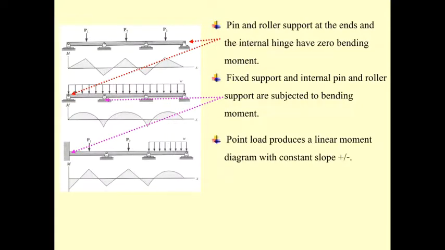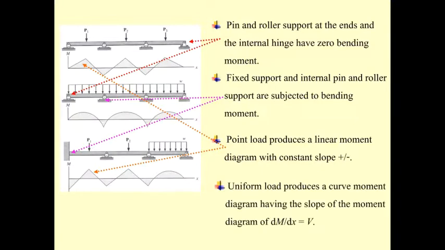The point load produces a linear moment diagram with constant slope, plus and minus. And the last one, a uniformly distributed load is going to produce a curved moment. And the slope is dM/dx equal to V.